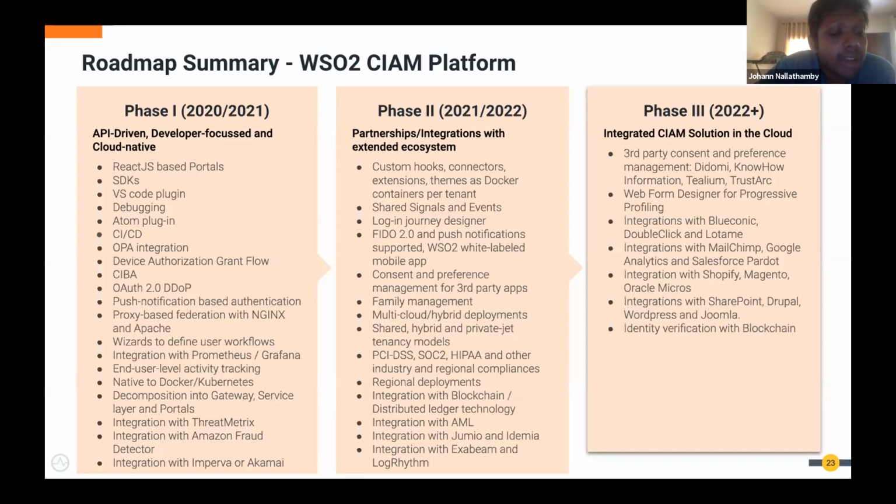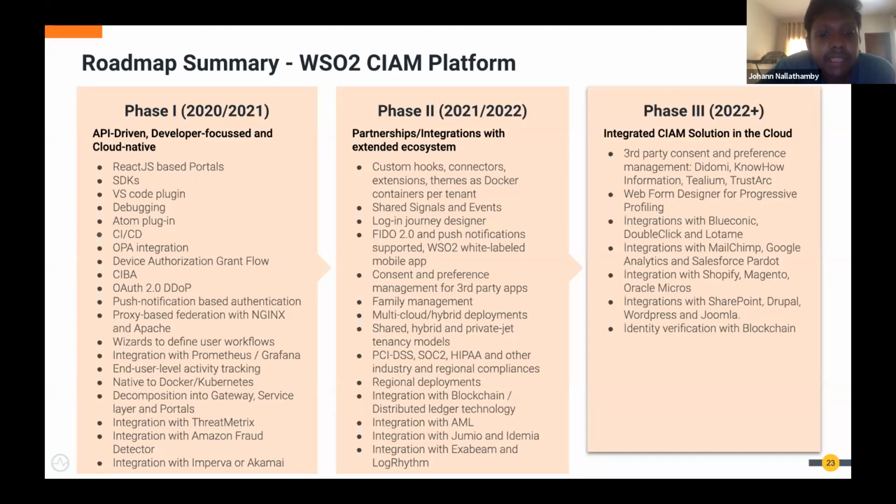Right now we have a monolith application. We are going to decompose that into some key components, namely the gateway, the service layer, and the various portals, to reduce the footprint of these components and be able to easily start up and easily scale in cloud native architectures.